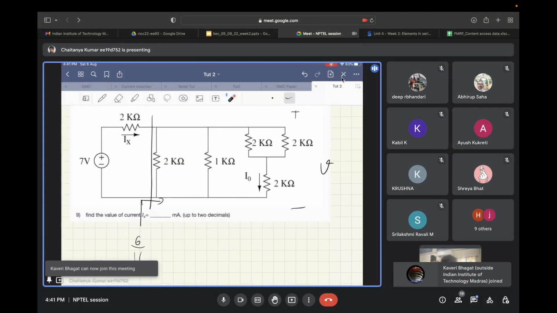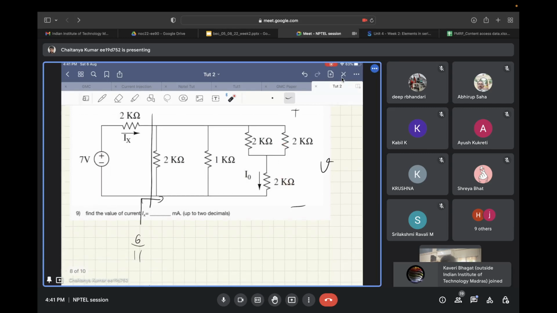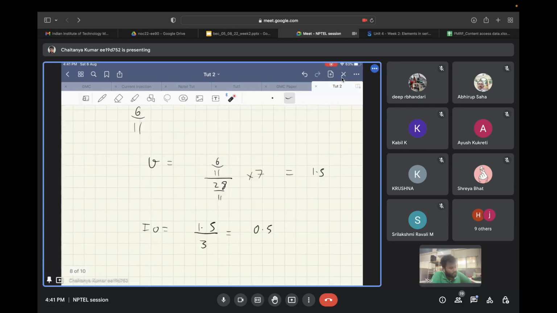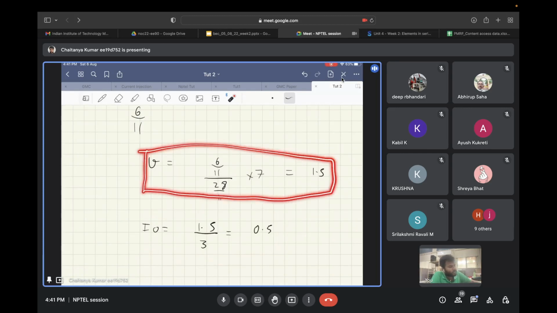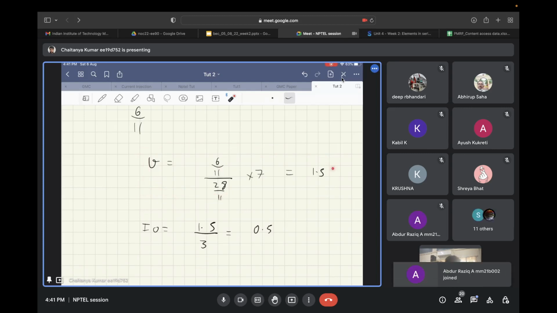Total resistance is 3 kilo ohms, and from there you can find the value of I naught. First of all, the voltage comes out to be 1.5 volts, and the value of I naught comes out to be 0.5 milliamps. Any doubt in this?